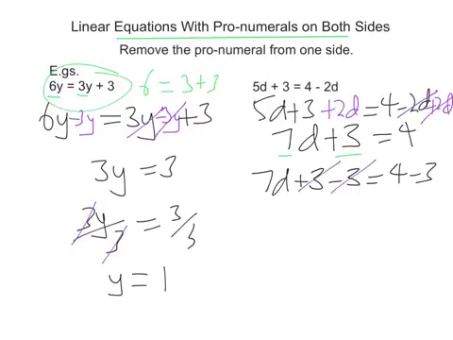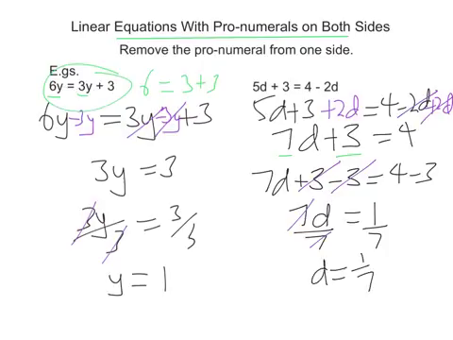That's why we did it. 7d is now equal to 1. Now I need to divide both sides by 7 to get rid of the multiply by 7. So that leaves me with the 7's cancelling and becoming 1. So 1 times d is d, so d equals 1/7.